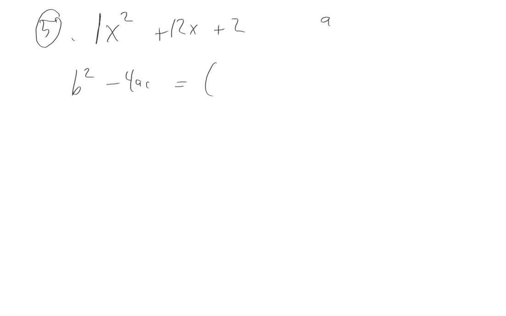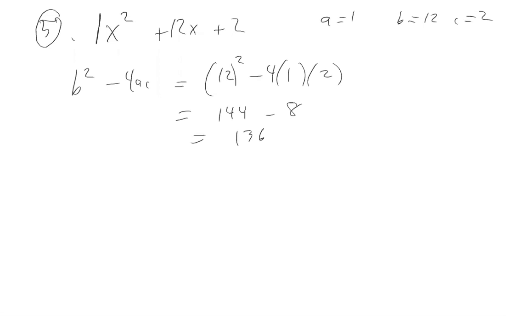So a equals 1. And of course, b is 12 and c is 2. So b squared would be 12 squared minus 4 times a, which is 1, times c, which is 2. So b squared minus 4ac is 144 minus 8, which is equal to 136.